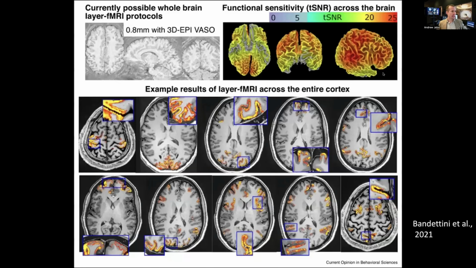Now, just one slide here on layer fMRI. This is a relatively new advance in functional imaging, in which we acquire functional images at a sub-millimeter resolution scale. Now, this requires typically much higher field strengths, like 7 Tesla, for example.